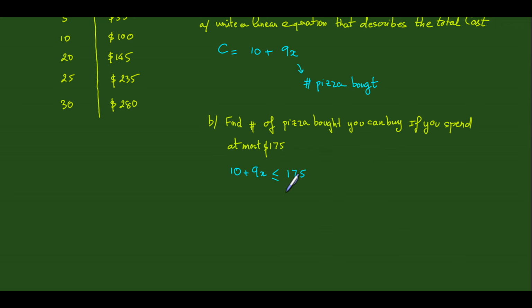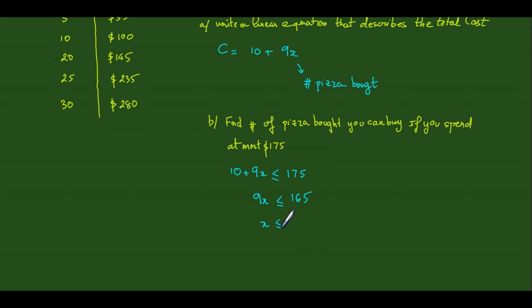Okay, so from here I can solve for the number of pizza, the highest number of pizza you can buy. So 175 minus 10 gives you 165, right?